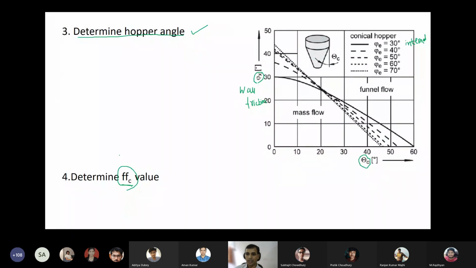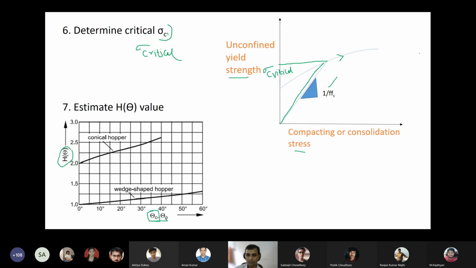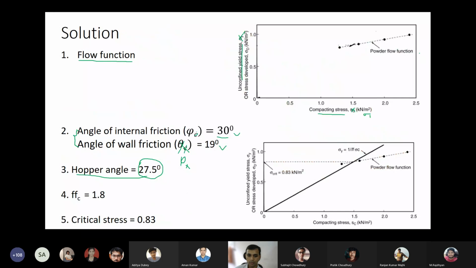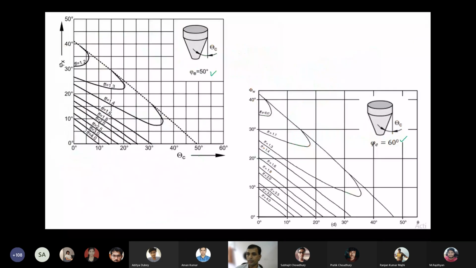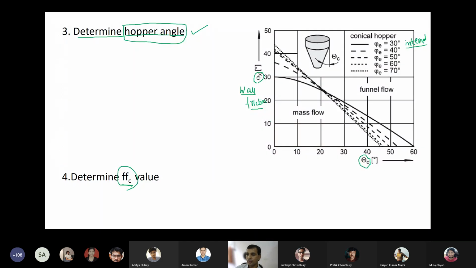to determine the hopper angle, we have an empirical graph between wall friction and internal friction. The internal friction value is 30 and the wall friction value is 19, somewhere around here.